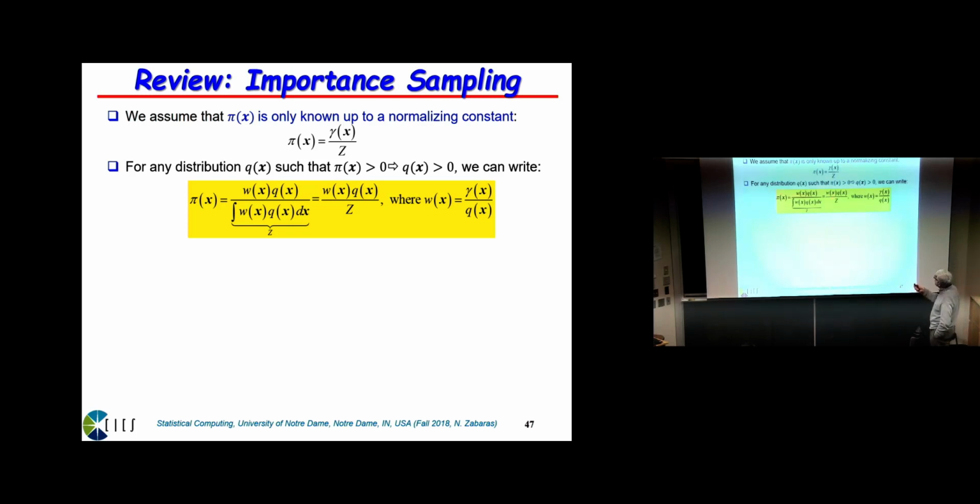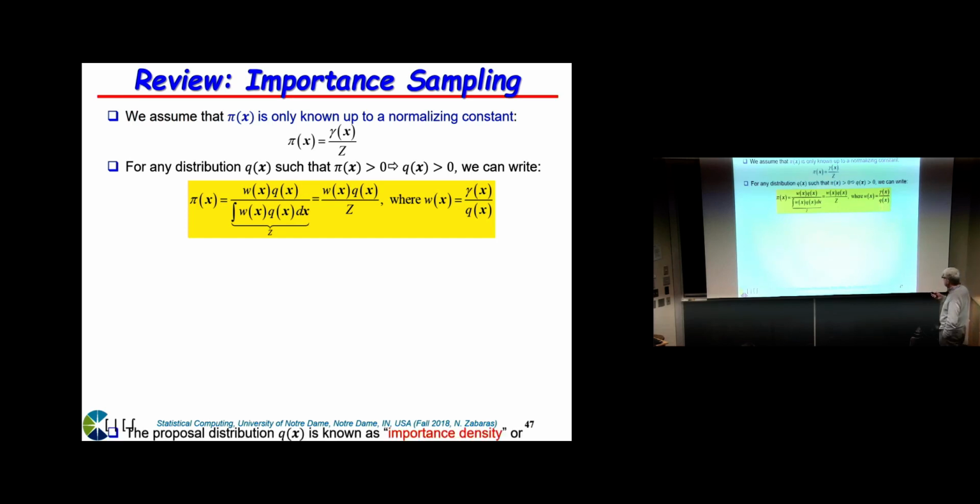We approximate pi as the weights times Q divided by the normalization factor Z of the distribution. This is an obvious equation, right? Because the weights are gamma over Q, so gamma over Q times Q gives you gamma over Z, which is pi. Just remember that the distribution on the top is the unnormalized part of pi. The idea is we don't really know the normalization factor of pi. So little w is gamma over Q. Okay, gamma over Q.